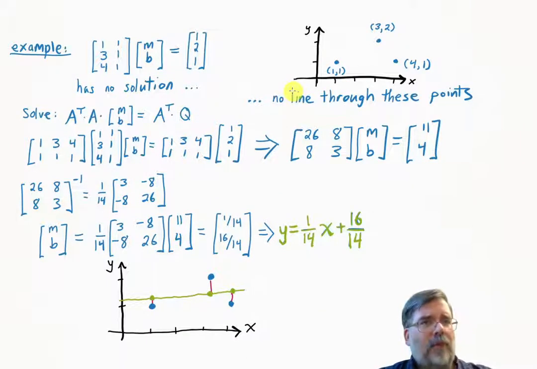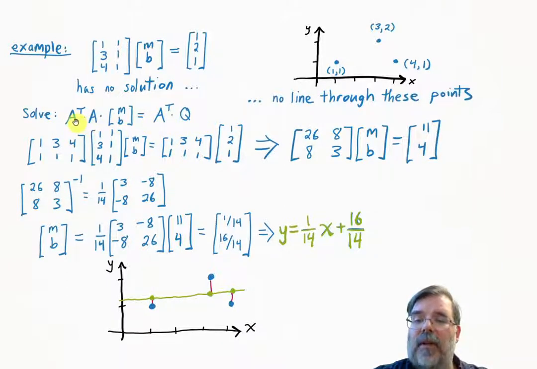Okay, so going back to our original example, we have this matrix equation which has no solution, and we know it has no solution because this equation corresponds to trying to find a line that fits through these 3 points. Just based on the diagram, no line goes through those points. So what we want to solve is this equation.